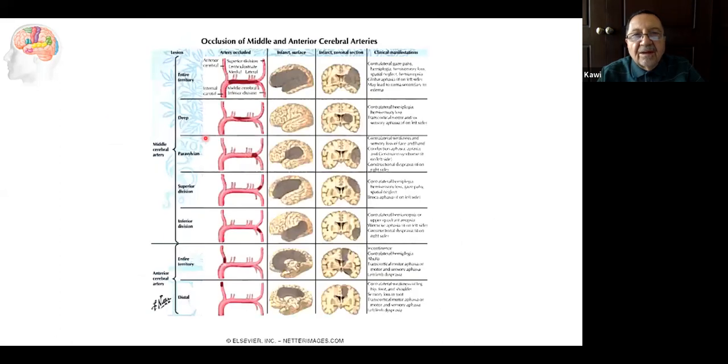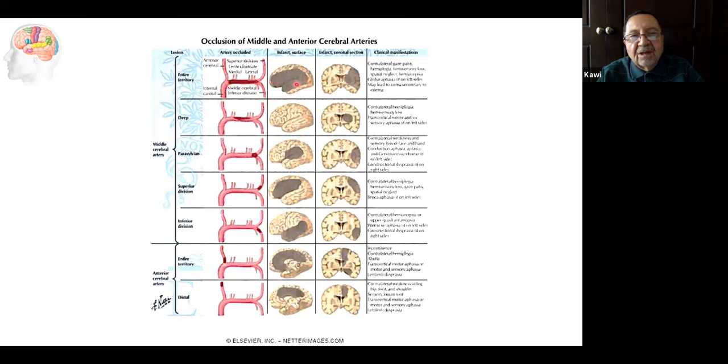Now, in the middle and anterior cerebral arteries, there are several forms of occlusion. If the occlusion happens in the stem of the middle cerebral artery, this is the carotid here, this is the anterior cerebral artery, and this is the first part of the middle cerebral artery. If the clot happens here, this is the infarction that happens.